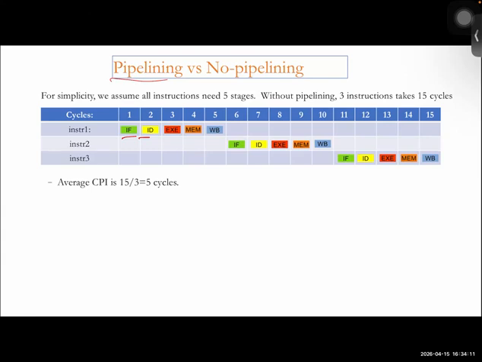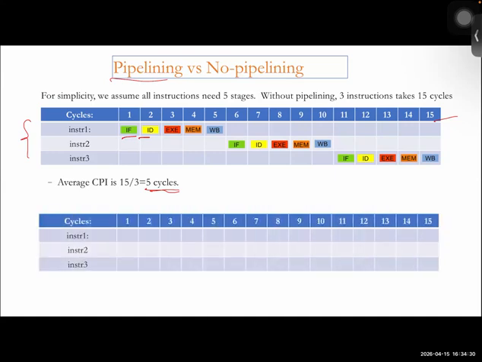In non-pipelining, the average cycles per instruction is the total cycles, 15, divided by the number of instructions, 3. So the average is 5 cycles per instruction. If it is a pipeline, that means the processor can execute multiple instructions at different stages.